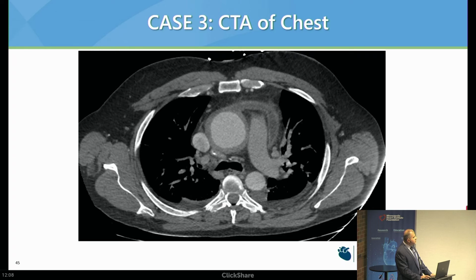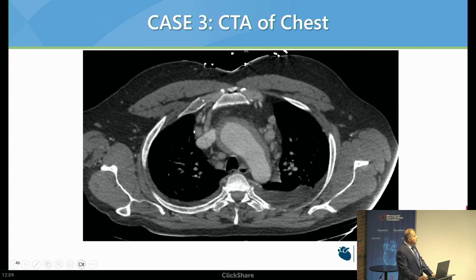This is a CT angiographic transverse image of this patient showing significant enlargement of the ascending aorta with significant wall thickening. His aorta measured 6.5, or 65 millimeters. You see that the wall thickening is significant, and also the aortic arch is involved.